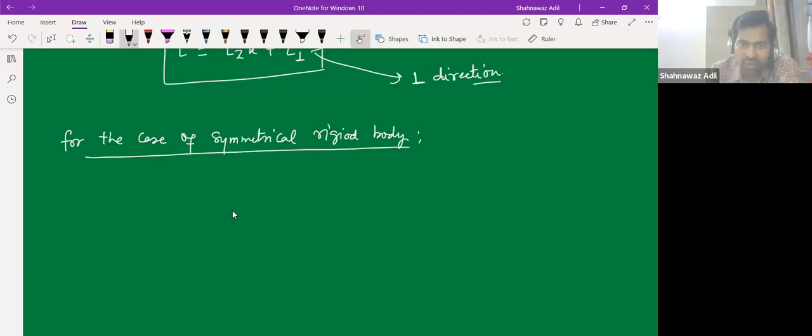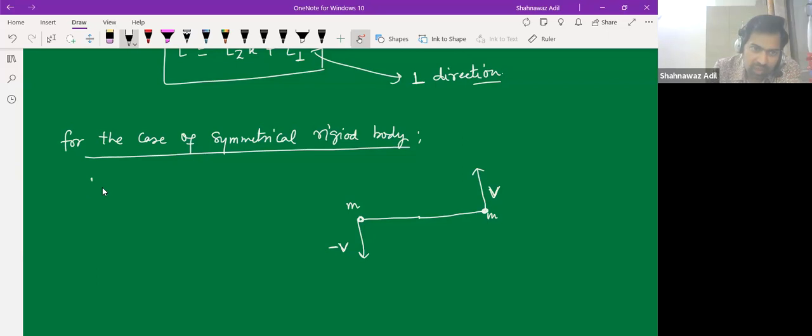let's say you have this object which is going in this direction, plus V. In the opposite direction with the same distance, you will have another V which would be in the negative direction. Is this part clear? So this mass is going in the positive direction, this is going in the negative direction.